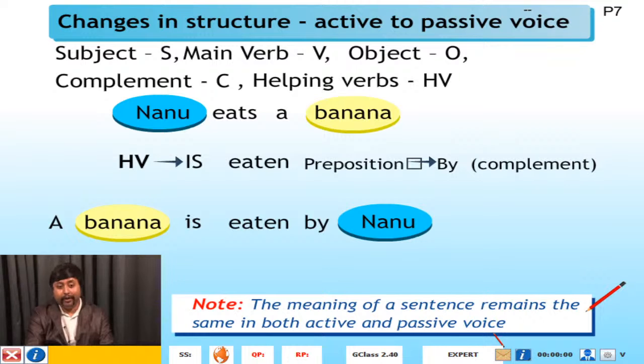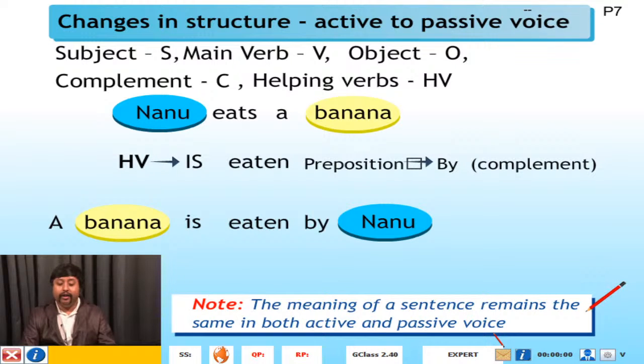So what we did, we have to use a complement as well. Nanu eats a banana, this is our active voice. When we convert it to passive, the object will become the subject, right? So what's the object? A banana is the object, so a banana will become the subject. We'll use a helping verb, what's that helping verb? Very good, helping verb is.